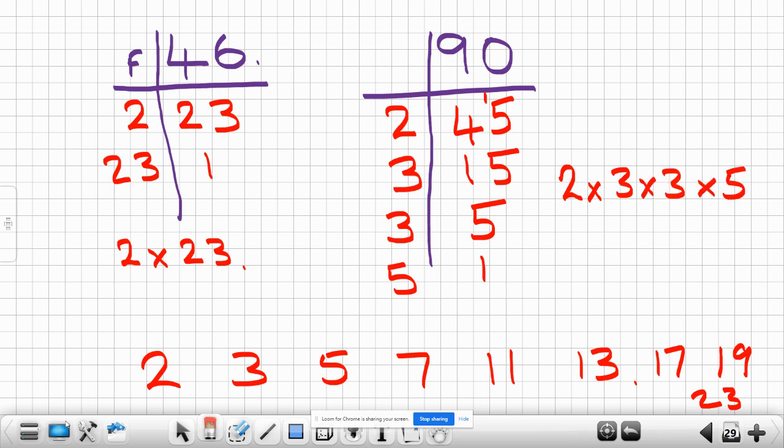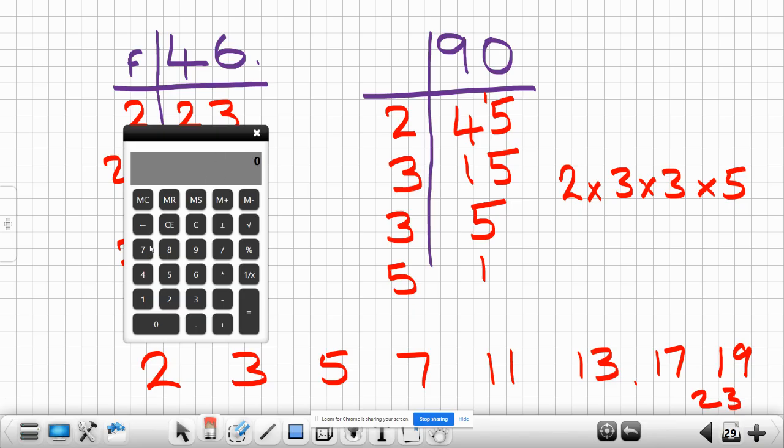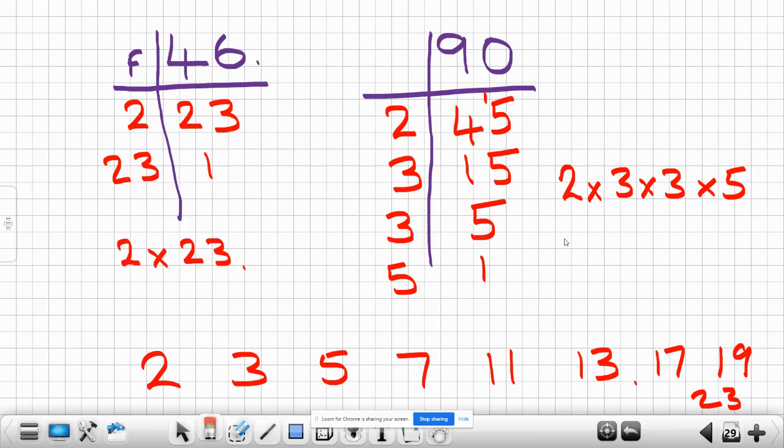And of course you can get your calculator out. Let's get our calculator out to check. 2 times 3 times 3 times 5 is 90. And we could simplify that to 2 times 3 squared times 5.